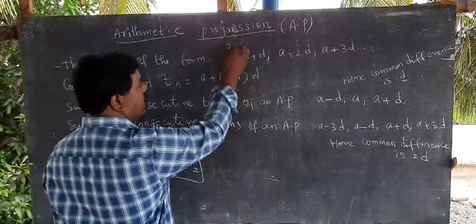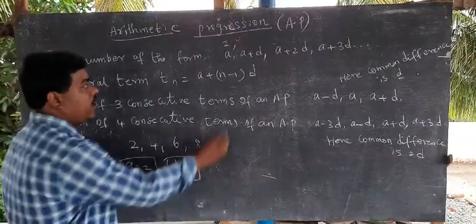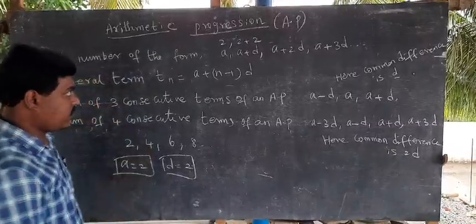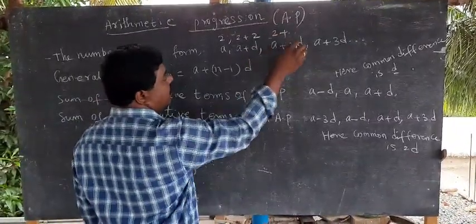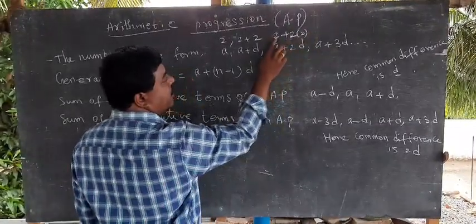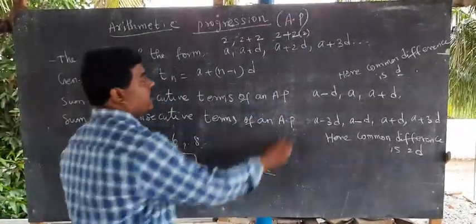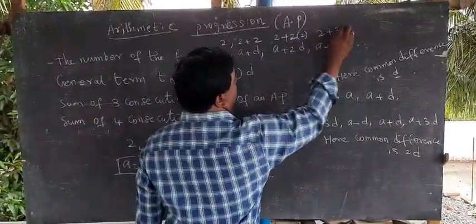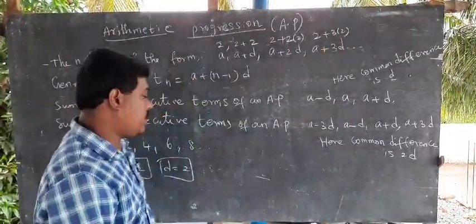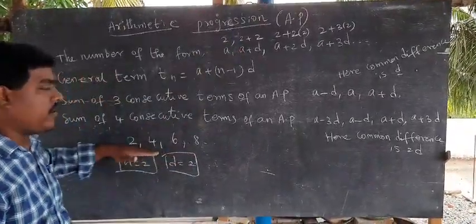So apply here: first term A is 2, D is 2, 2 plus 2 is 4. Then 2D is 2 into 2, 4, plus 2, 6. 3D is 3 into 2, 6, plus 2, 8. So this form is satisfied for AP.